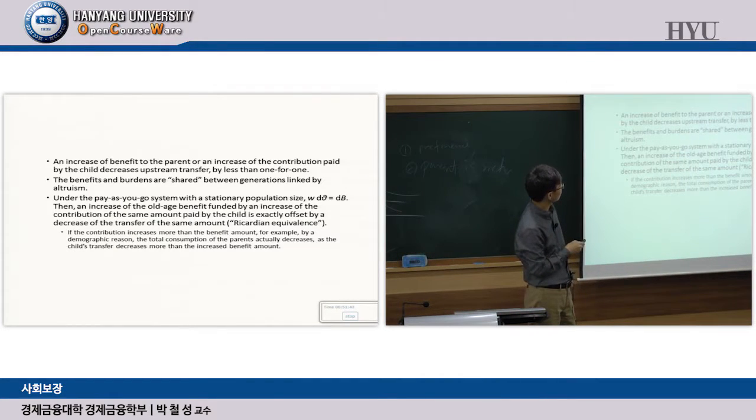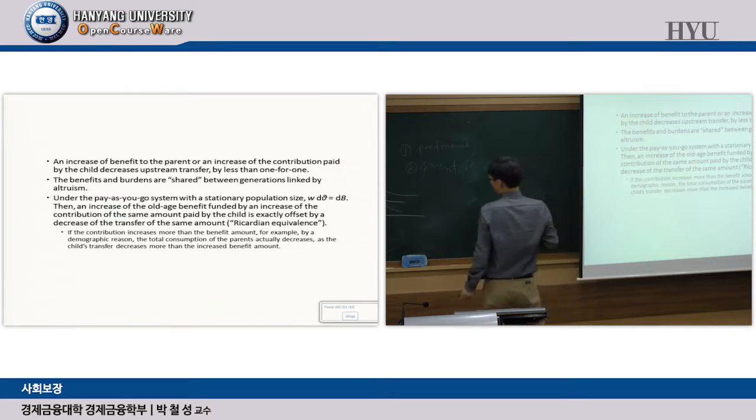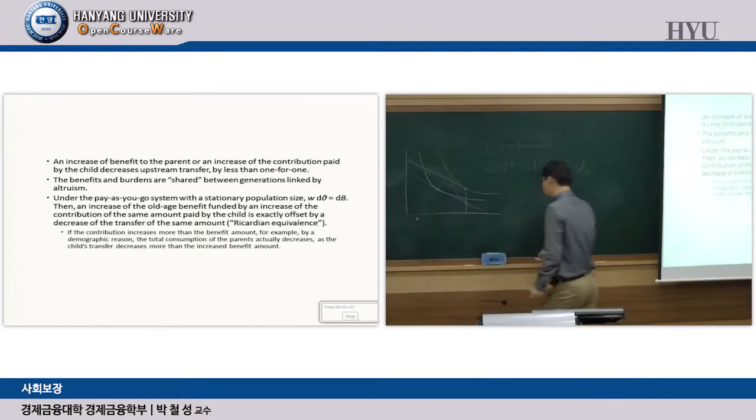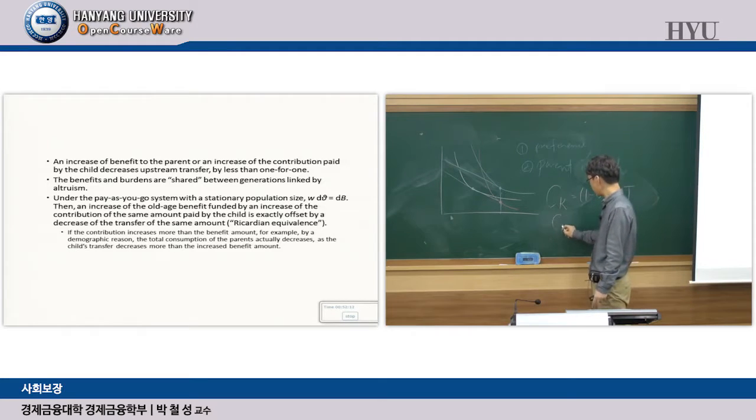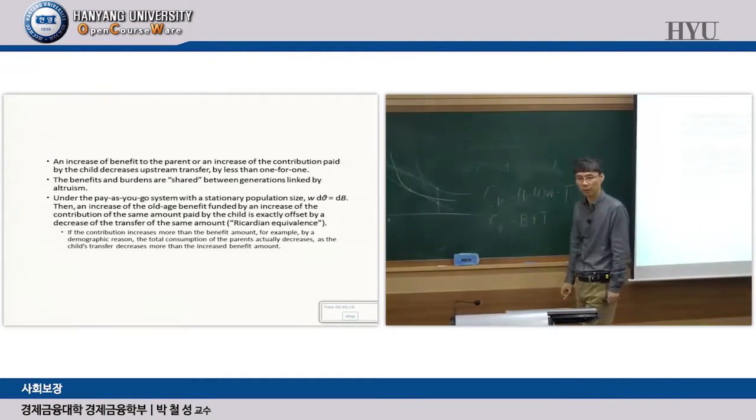Okay, so as I said, the benefits and burdens are shared between generations linked by altruism. If you look at the budget constraint a little more carefully, then it's actually obvious. CK is, right? CP is, okay?